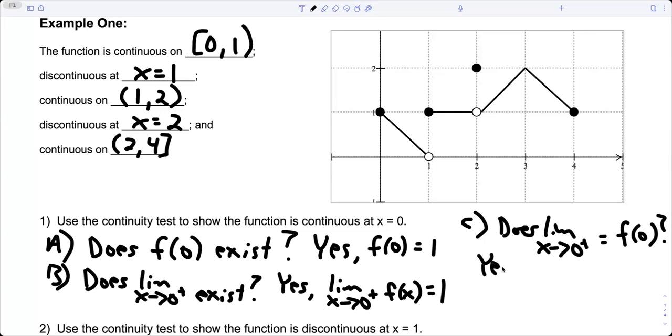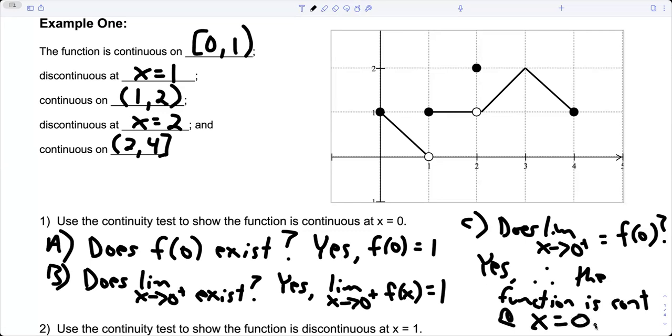Yes. Therefore, okay, those three dots, if you're not familiar with that notation, mean therefore, the function is continuous at x is equal to 0.